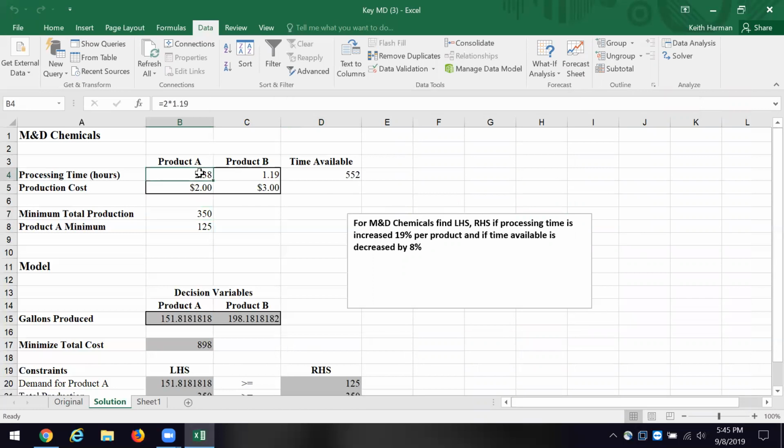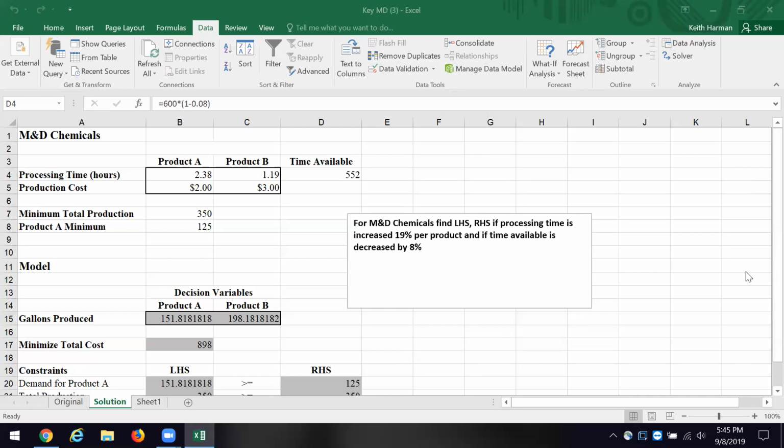It's going to take about 19% more time to process each gallon. Oh, by the way, we have a big job coming through, so we had to reduce the amount of time. We've cut your time available by 8%.